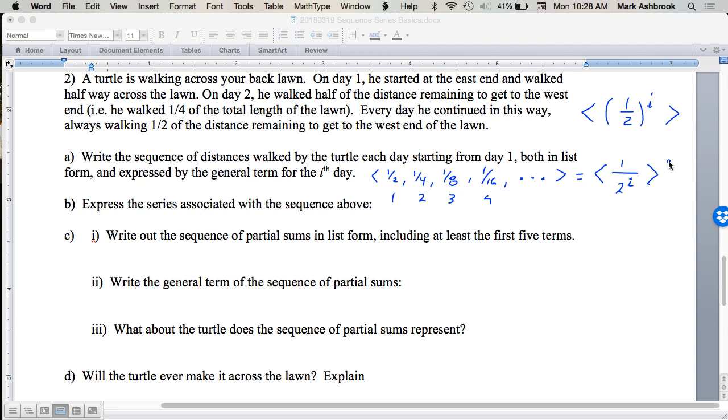Yeah, so if you want, and then if L is the length of the lawn, you could have those all multiplied by L. Okay? So if L was the length of the lawn, you have L times every one of those terms. And then you just have L times 1 over 2 to the i, if you wanted. Or L times 1/2 to the i.